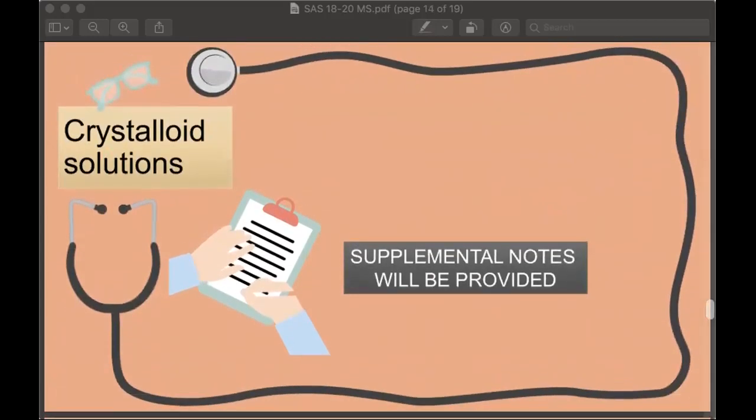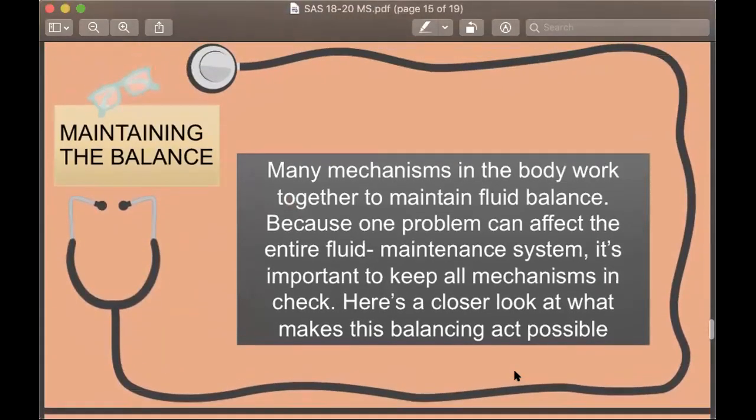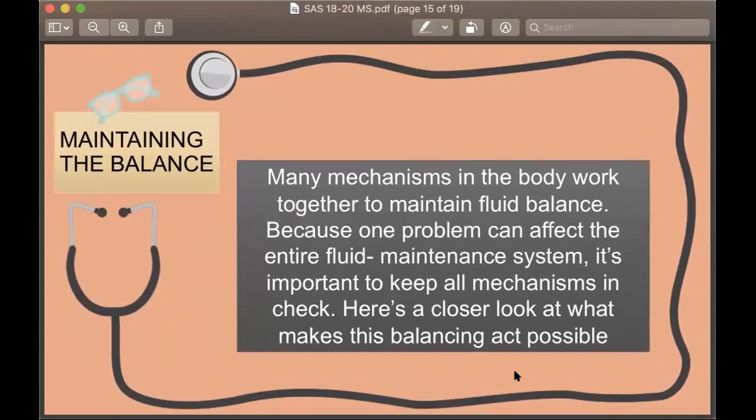Crystalloids. Here in crystalloids, I will be giving supplemental notes with this one. Okay, I will be sending to you the types of isotonic, hypertonic. You already know this one. You've learned this in your second year and also in your clinical duties. Okay, so let's go to the next. This one is how we are going to maintain the balance of these electrolytes or fluids inside our body.